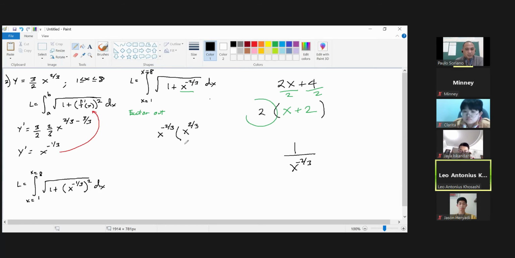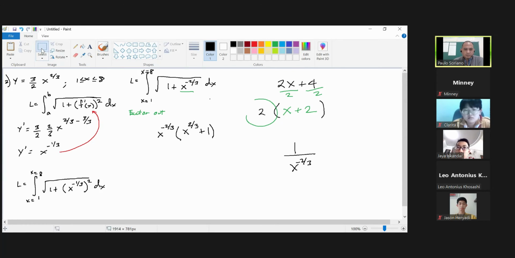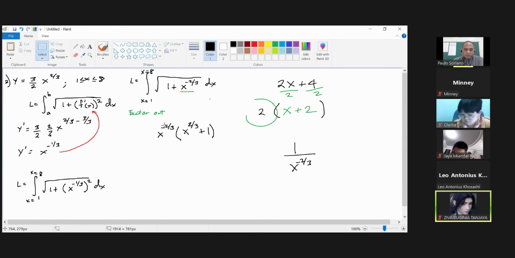And then plus, divide this, plus 1. With this technique that I have just done, were you able to follow? If you distribute this one inside, you will end up with the same thing.